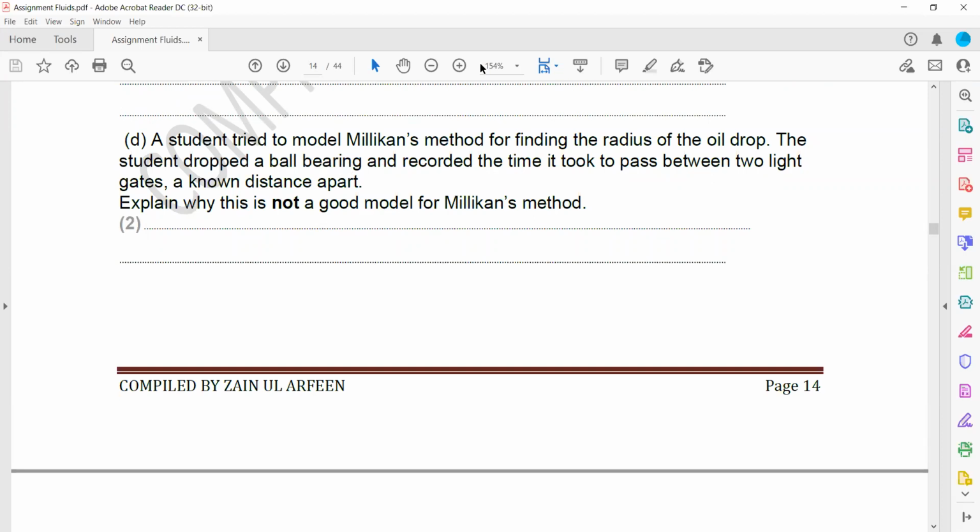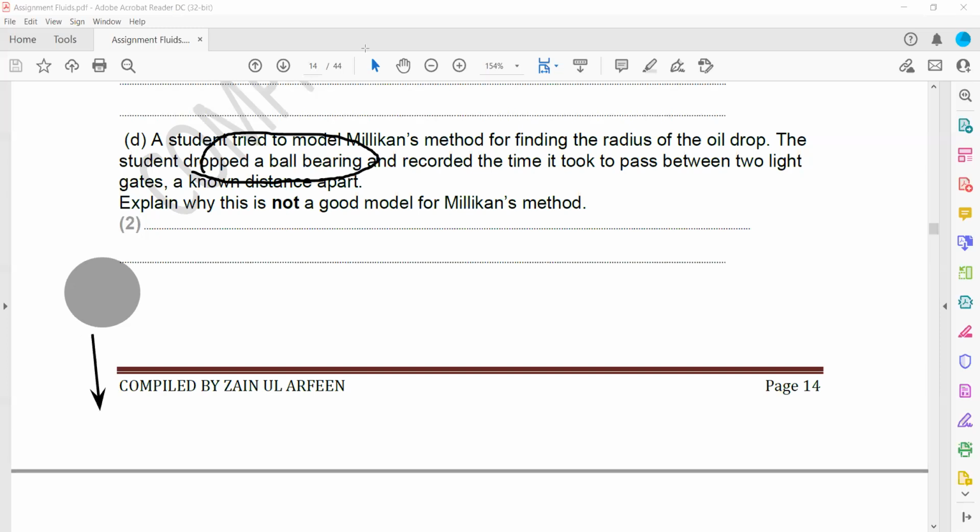Because the student is dropping a ball bearing in air. When a ball bearing is dropped in air, the height from which we drop is not sufficient to make it move with the terminal speed.